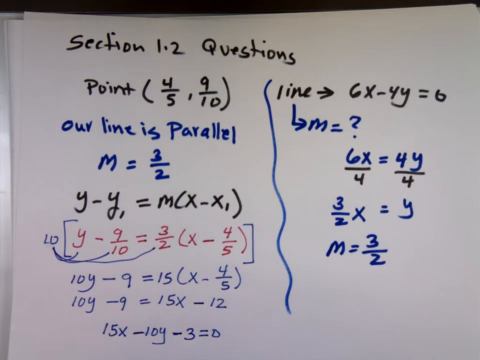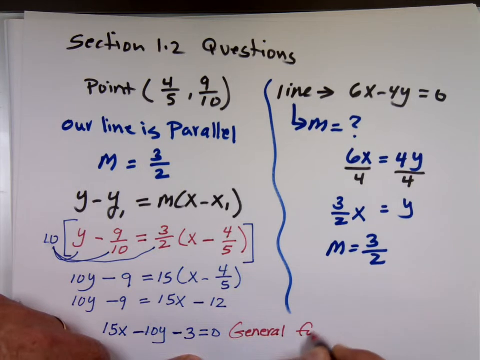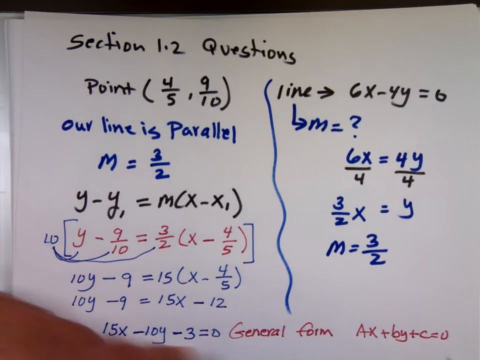That's called the general form, which is ax plus by plus c equals 0. I don't know what form they want it in. Anytime your answer is going to be a fraction, they probably don't want it written as mx plus b. So they probably want the general form. This way you can avoid using fractions.